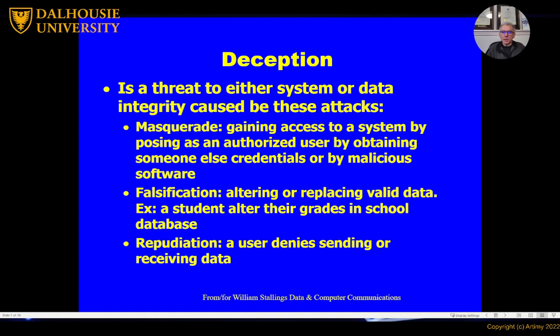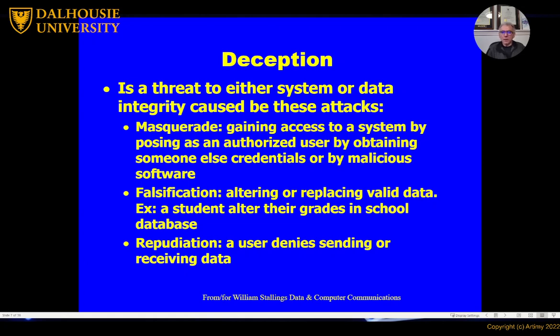In systems that can be done by spoofing. If you try to access Dal.ca, the actual website of Dalhousie University, an attacker could design a server that pretends to be the Dalhousie server and spoof you into thinking that the actual server is his server. So you are directing all of your traffic to the fake one.